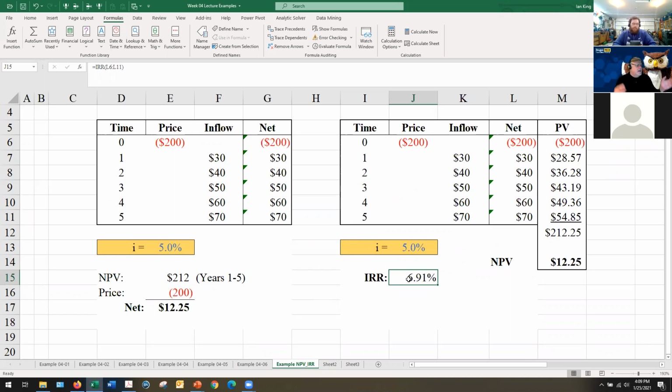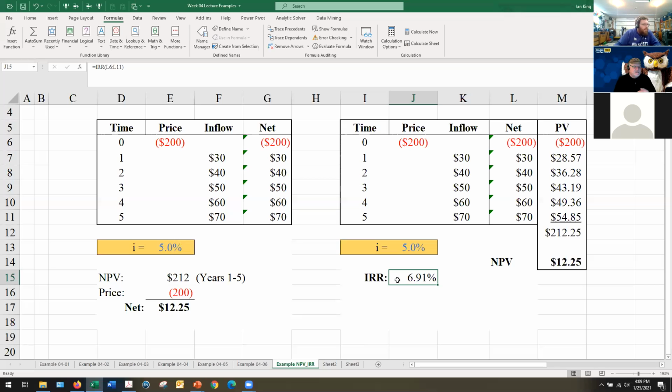Or you could say, hey, in this case, the interest rate's 5%. So if I just put my money in the bank, I get 5%. But if I invest in this equipment, I'll get the equivalent of 6.9% return, as opposed to 5% of just putting the money in the bank. That's how it'll be frequently used.